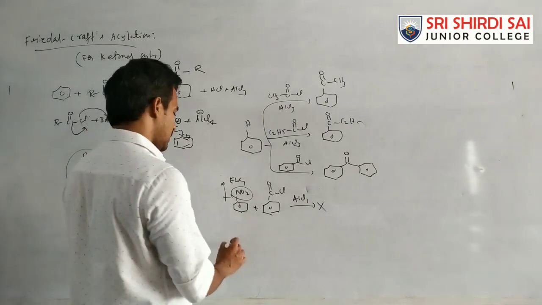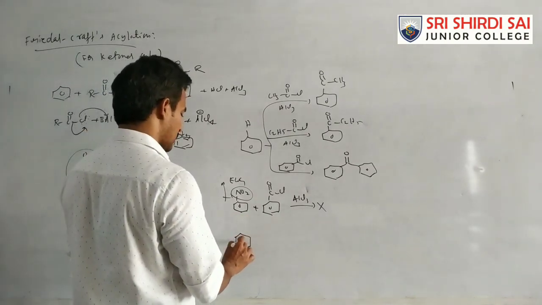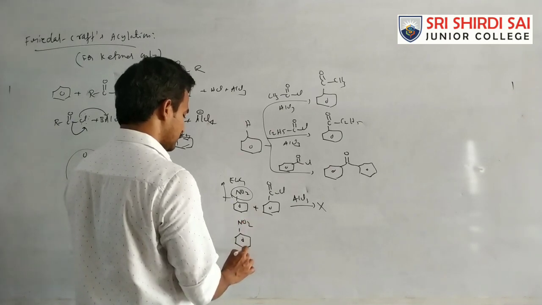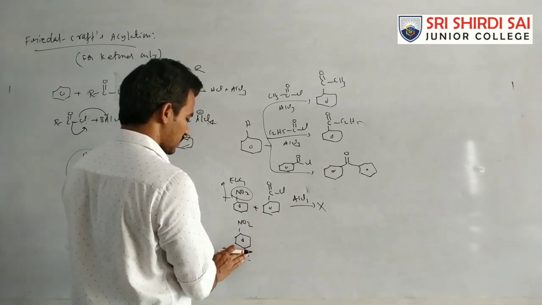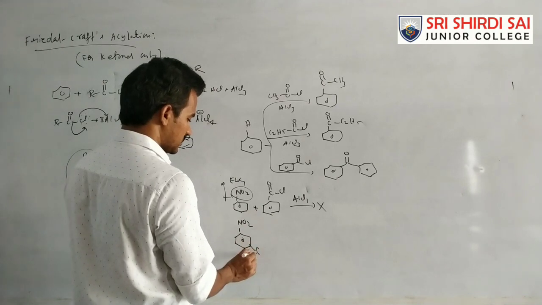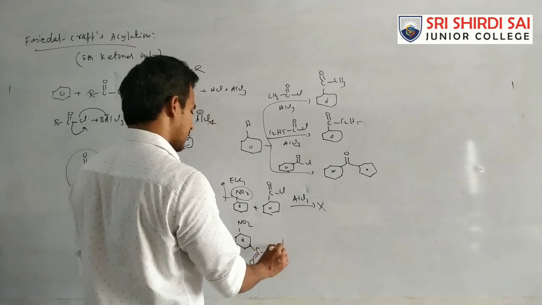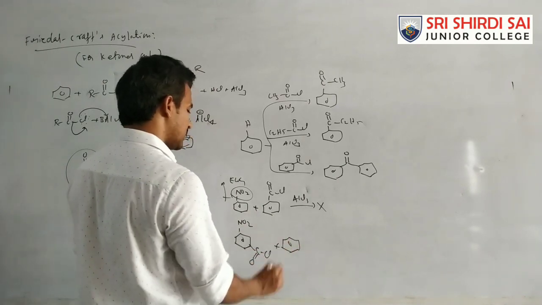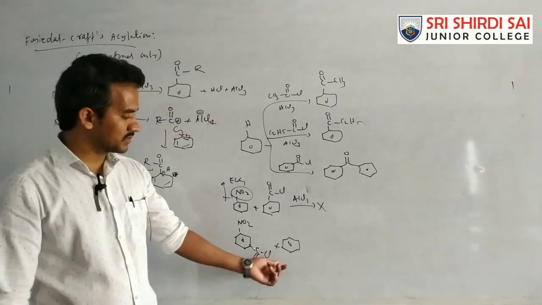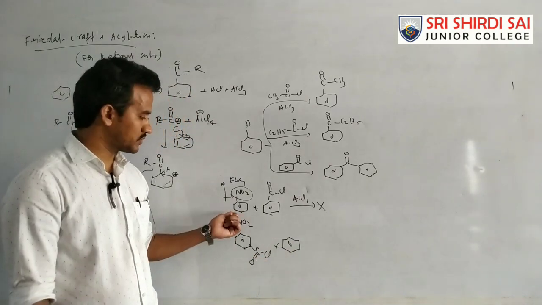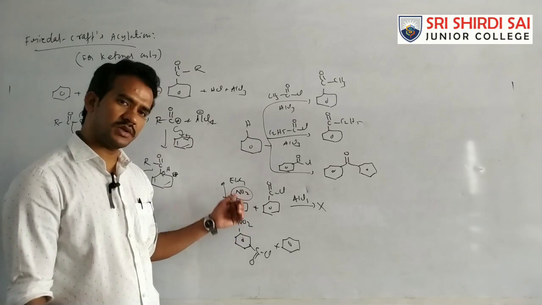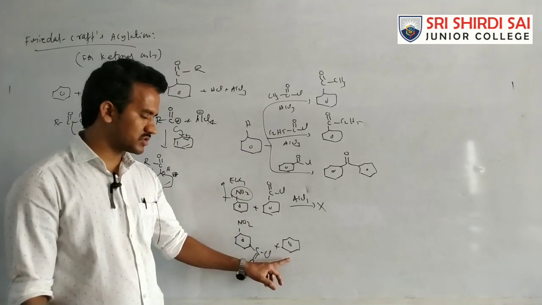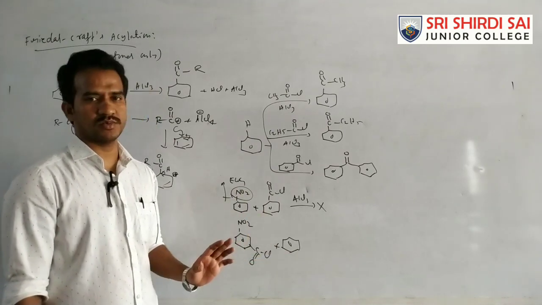But here, NO2 C=OCl plus benzene. Now acylium substitution on the nitrobenzene is not possible, while acylium substitution on the benzene is possible.